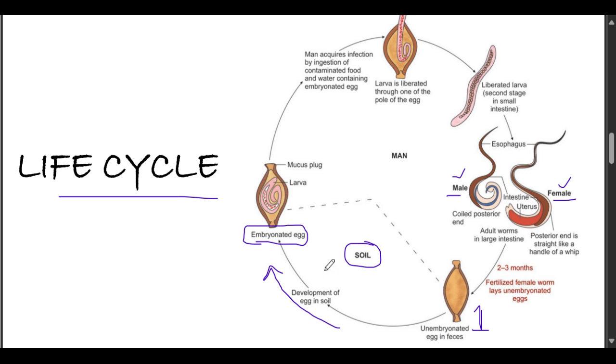Since they've passed this stage and now become embryonated eggs, they must then be ingested. They'll be ingested when hands or food are contaminated with feces or fecal containing soil.